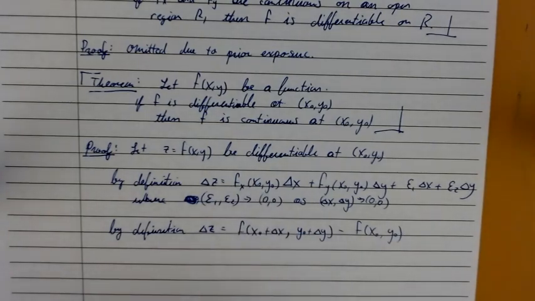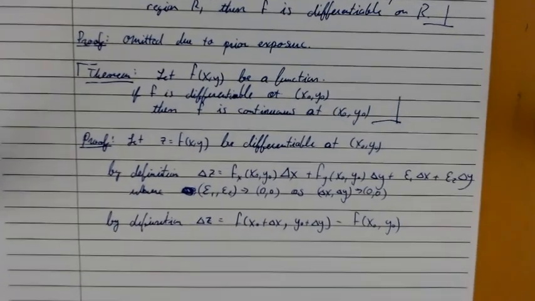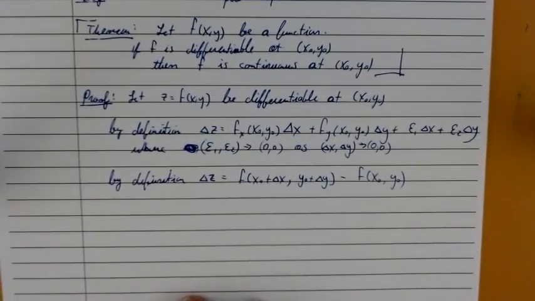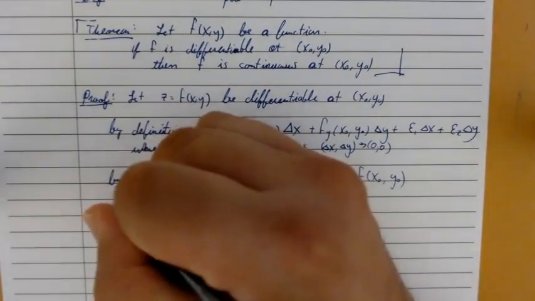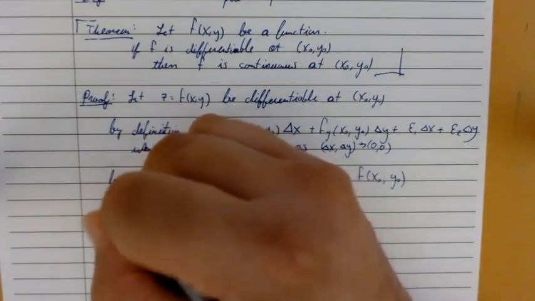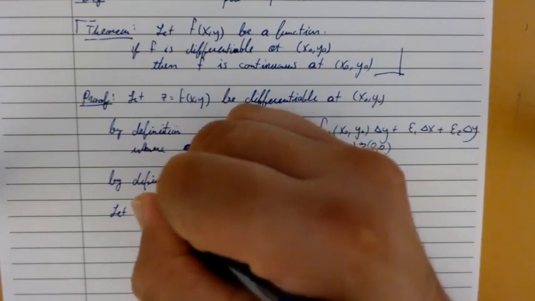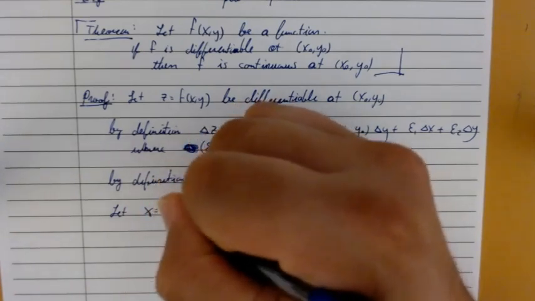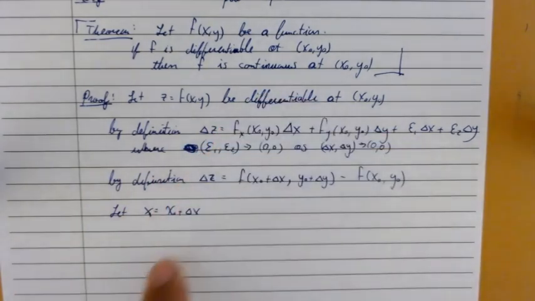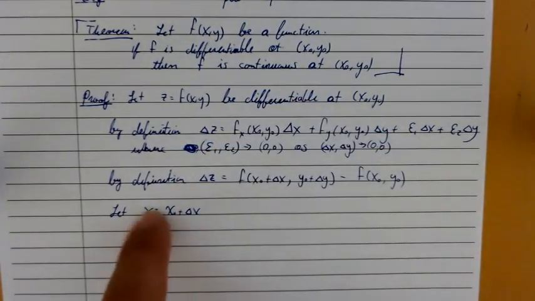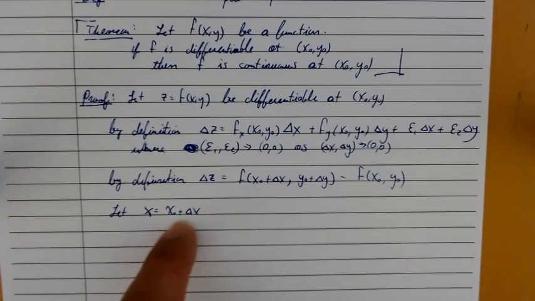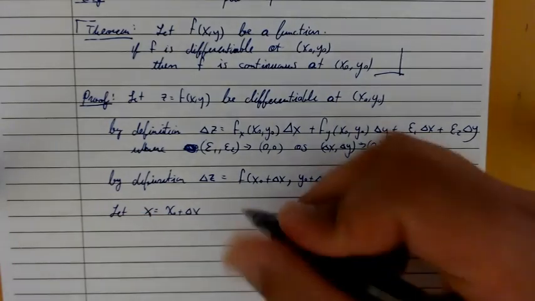Here we're going to make a simple substitution of notation. Let's make the following substitution. Anytime I see x naught plus delta x, I'm just going to call that x. So I'm going to write it in a shorter way. These two mean the same thing, but I write it in a more condensed form.